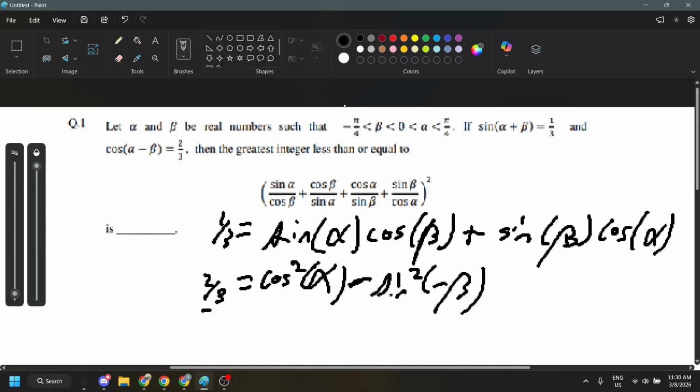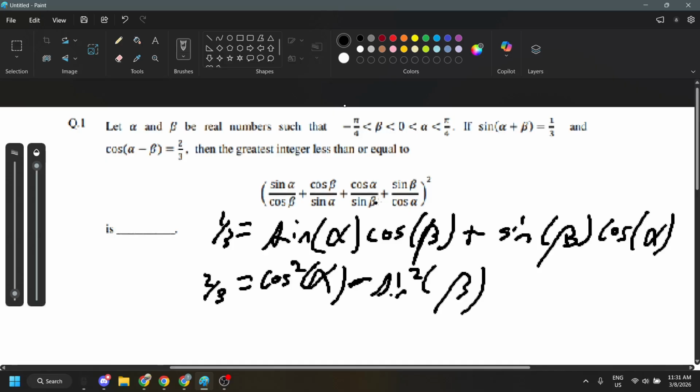This is equal to 2/3 times sine of negative beta squared. Sine of negative beta is negative sine of beta, so we just get rid of the negative in here. So then find the greatest integer less than or equal to this.